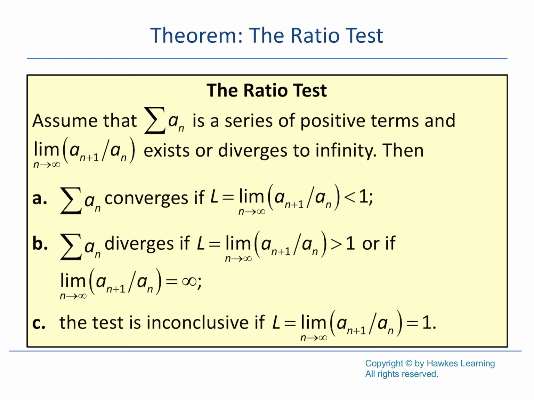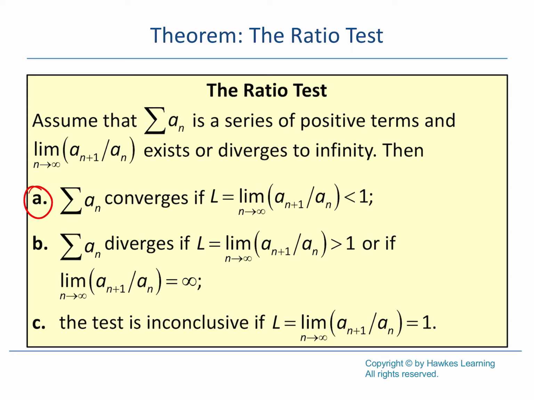And if the limit of the ratio of successive terms approaches some limit less than 1, then the overall series converges. That's part A here. So if it eventually behaves like a convergent geometric series, then it would converge.